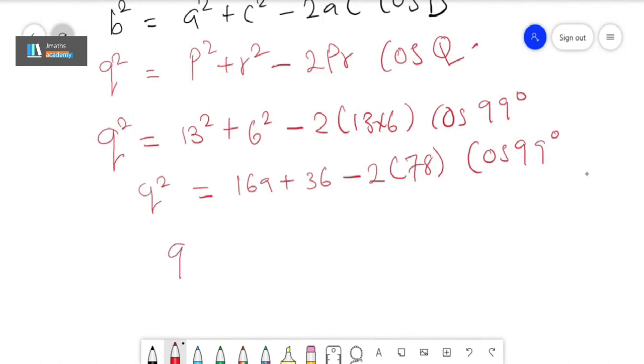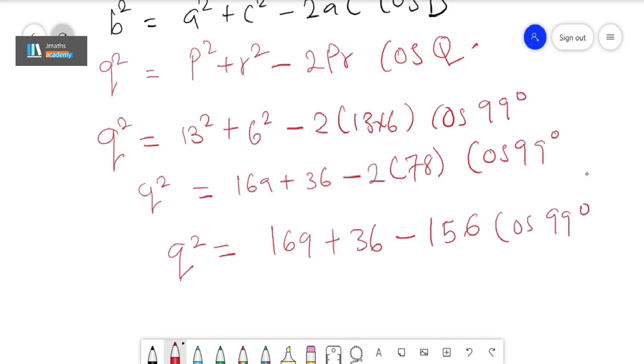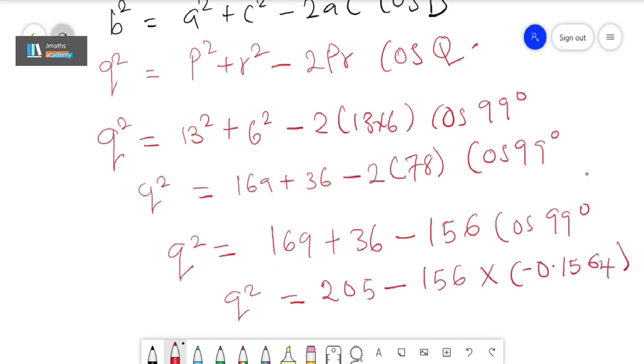We'll have our q squared to be equal to 169 plus 36 minus 156 cos 99 degrees. So we have our q squared to be equal to 205 minus 156 multiplied by negative 0.1564.